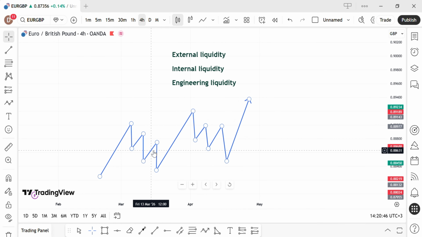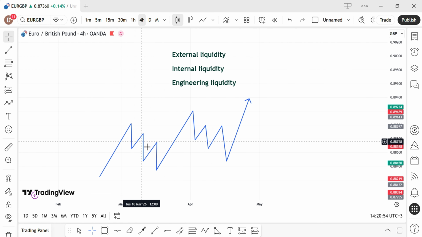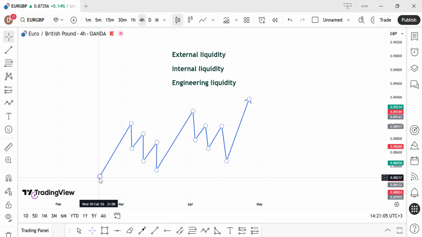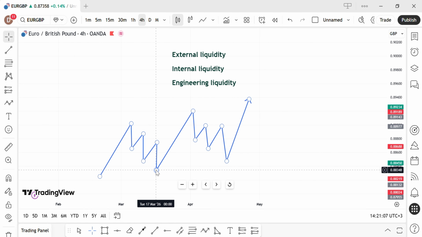So you see, these are liquidity. This is liquidity that must be swept, liquidity that must be swept. So these liquidity have been created because you are moving up. So the market has to come and sweep all this liquidity. So this liquidity inside here is called internal range liquidity.